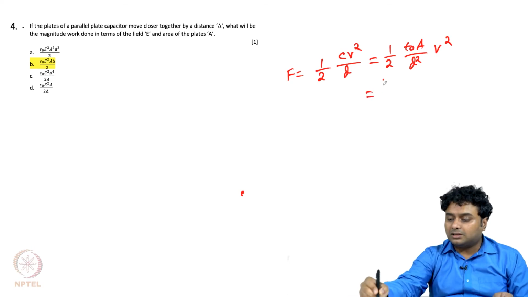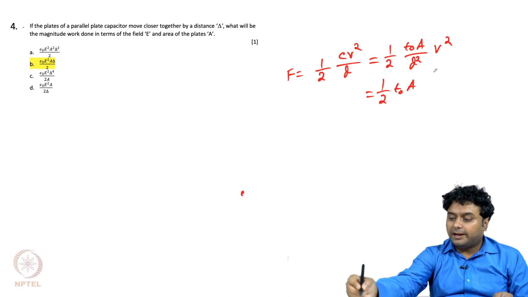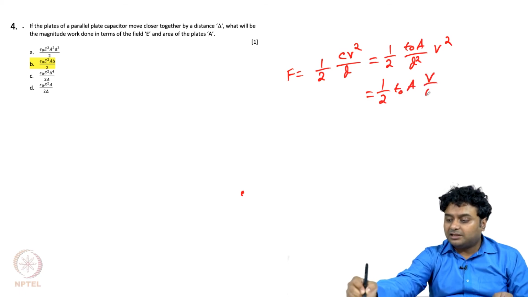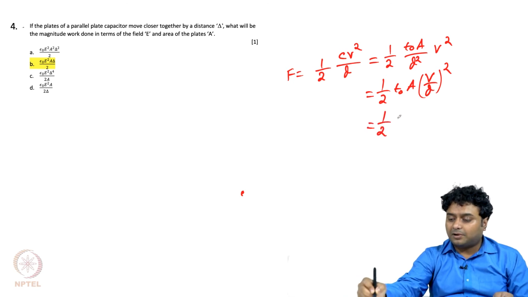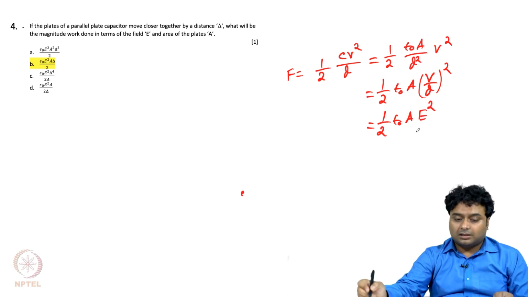Now you see, this is half epsilon naught A into V by d square. Now what is this V by d? V by d is ultimately potential by the distance, so that is my electric field. So I can write it as half of epsilon naught A into E square, right.